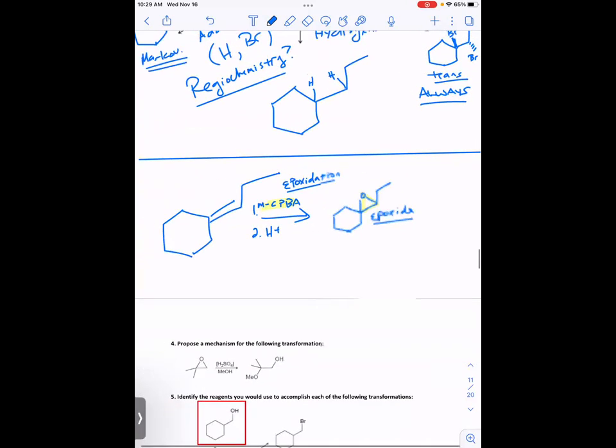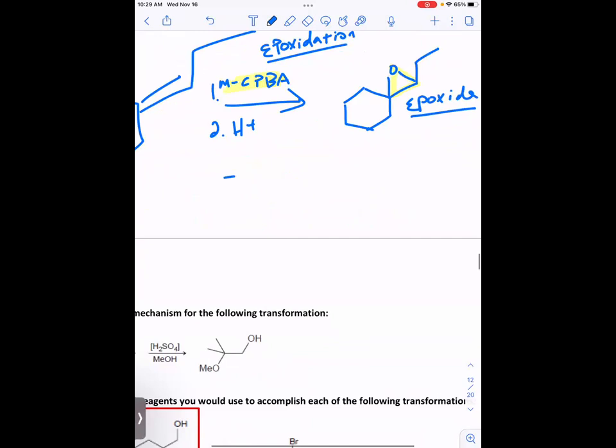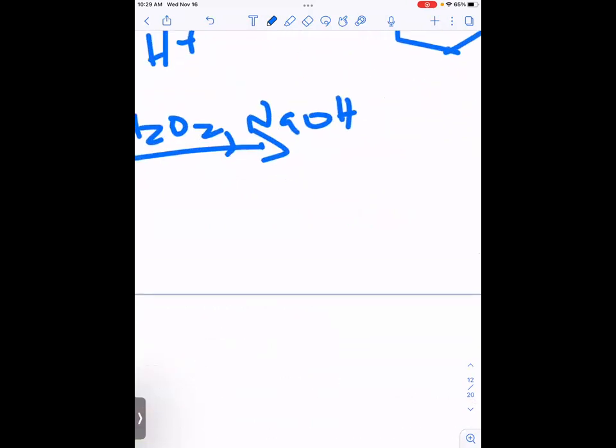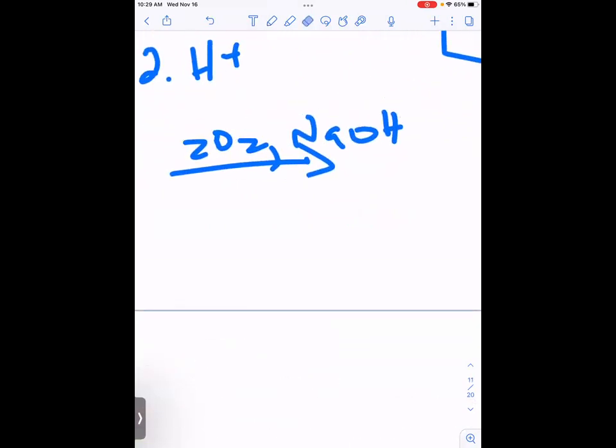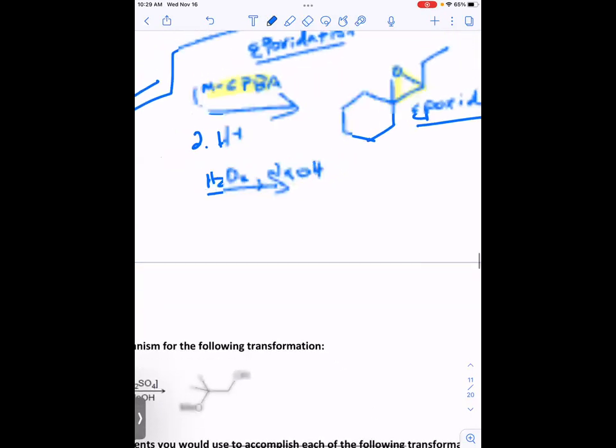All right, there's another way to do this, which is to use hydrogen peroxide and sodium hydroxide. You get the same outcome.